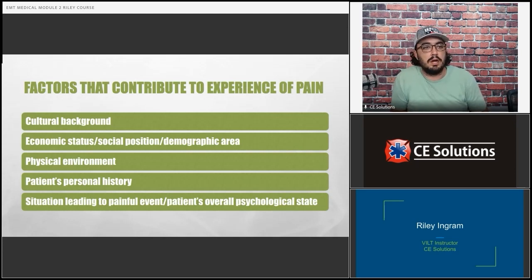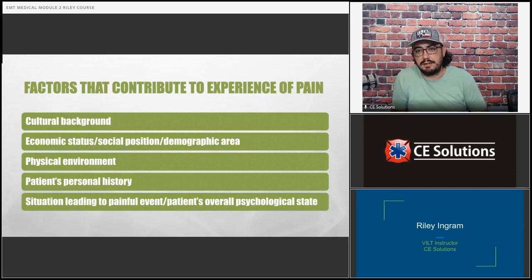Economic status: what level of comfort are you used to? Is it normal for you to sleep on a concrete slab, with no pillow, no blanket? Because if that's not your norm or what you're used to, and you get put into that economic status or that way of life or that scenario, you're probably going to have a little bit of pain, right?